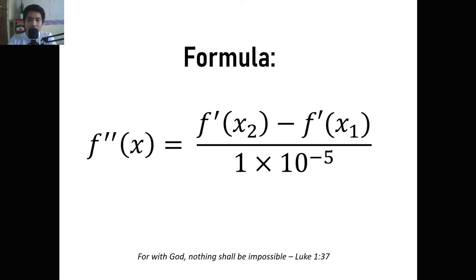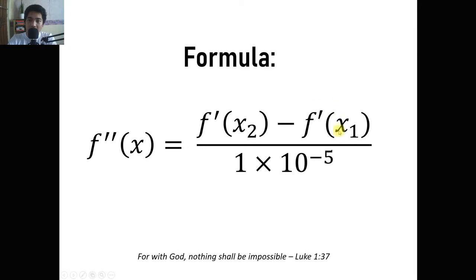So the formula that we will be using in getting the approximation of the second derivative is this. We have f double prime of x equals f prime of x sub 2 minus f prime of x sub 1, wherein x sub 1 we can equate to 0.1. So meaning we will be getting the derivative of the function in the calculator with x having a value of 0.1.